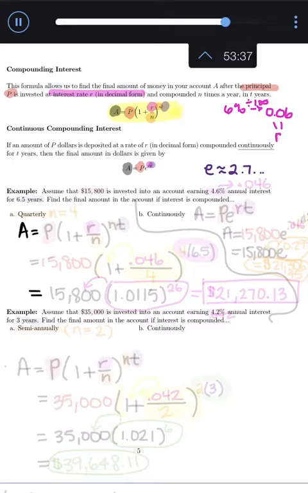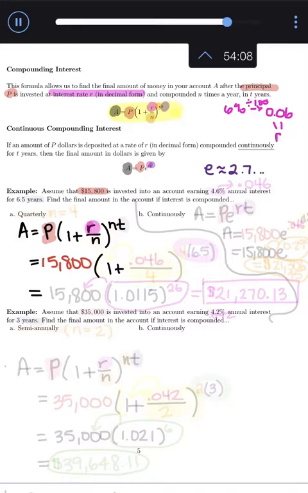That's A equals P times (1 plus r over n) to the nt. Well, we have that our principal in this problem is what you're starting out with, the 15,800. So let's go ahead and plug that in: 15,800 times 1 plus, what's our interest rate r?